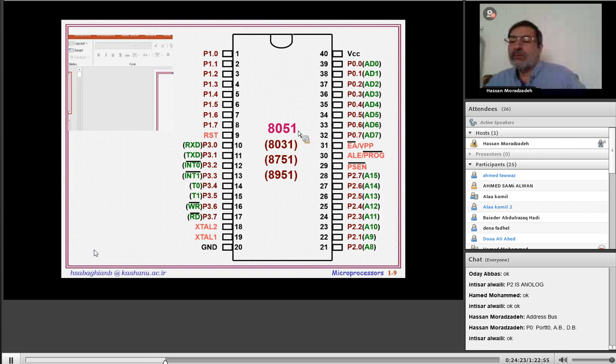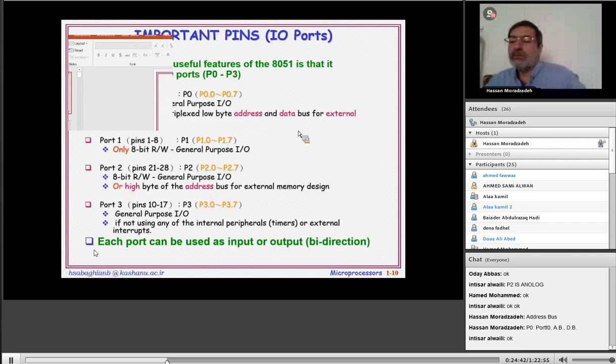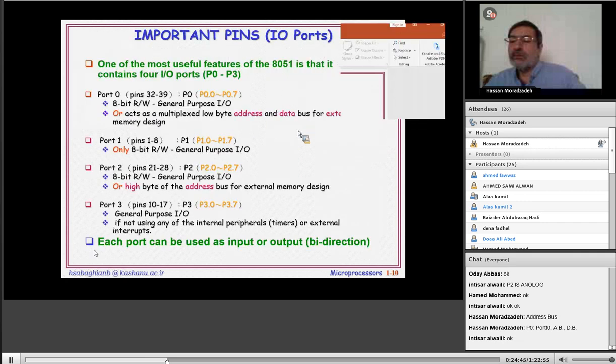Here are some descriptions. Port 0, 8-bit read and write general purpose I/O, or acts as a multiplexed low byte address and data bus, as said, for external memory design. Okay, if you use the internal memory, there is no use for the address bus and data bus.